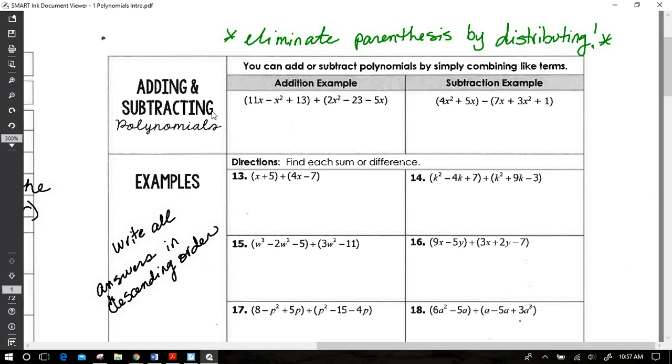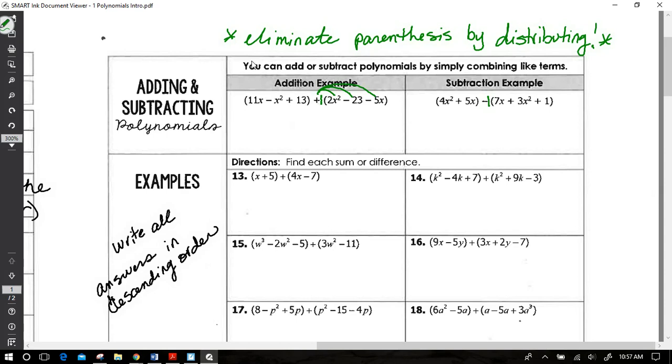So, whether you're adding or whether you're subtracting, you want to eliminate the parentheses by distributing. Okay, so whether it's a plus sign or a minus sign, remember there's a 1 there. And so I always want to distribute that 1 into the parentheses. So when I do that, positive 1 times all of these is not going to change the value of any of them.